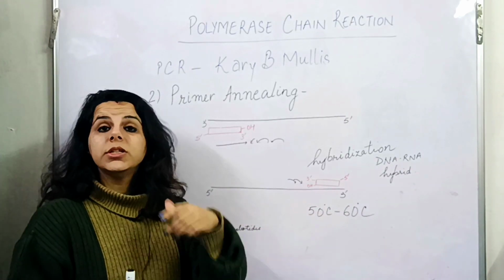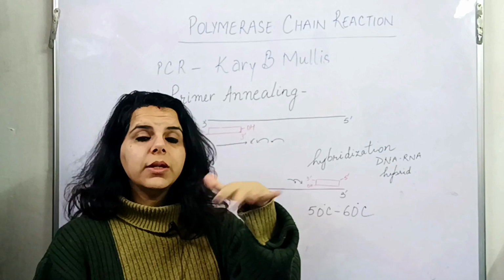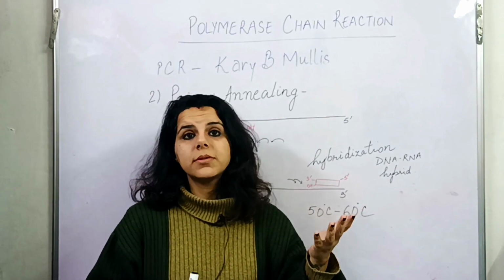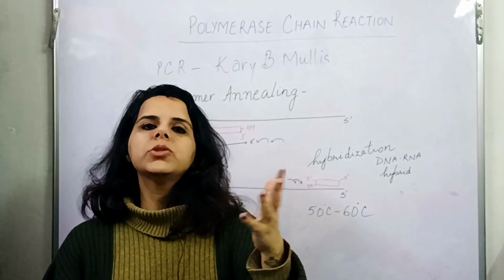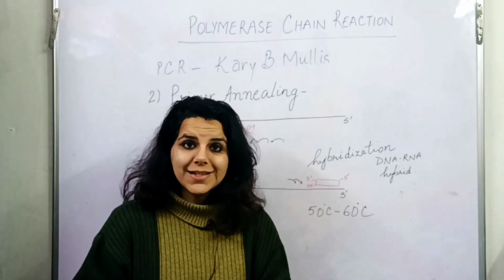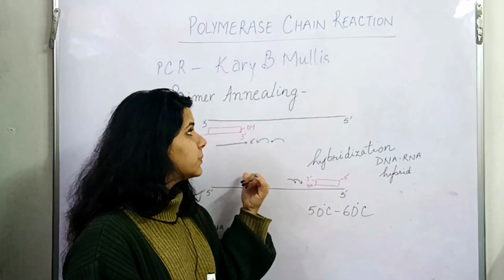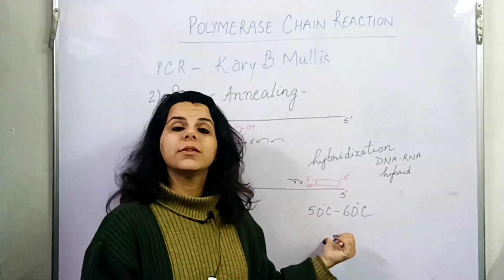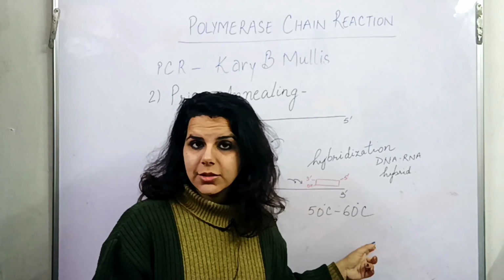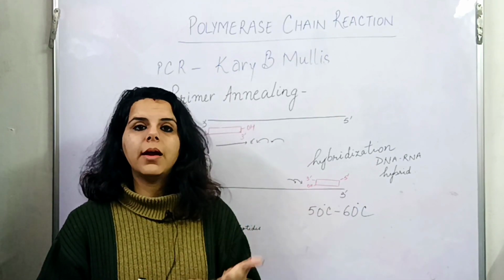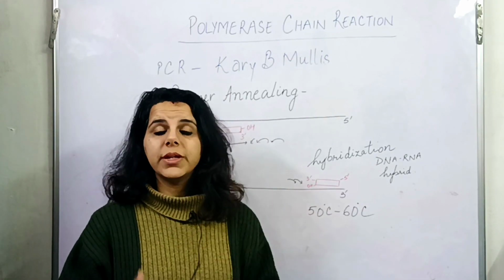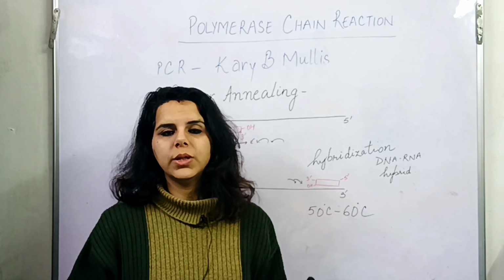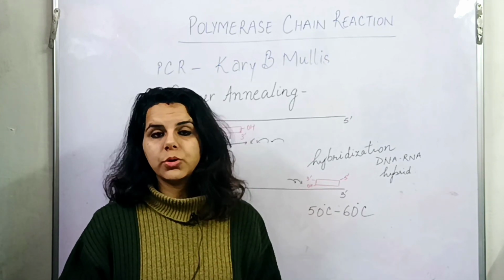As compared to this, the denaturation step occurs at a temperature of about 90 to 94 degrees Celsius. When we talk about PCR, the variation in the temperature plays a huge role in the formation of our products.